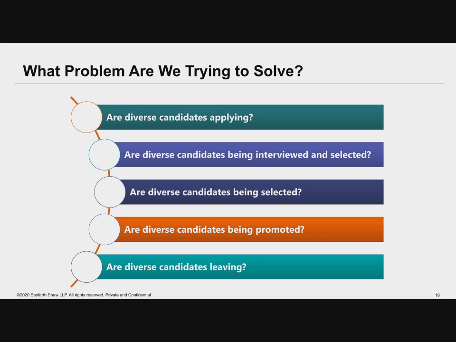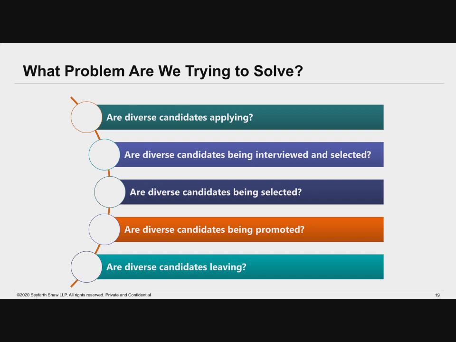If instead you do have candidates that are applying for your jobs, but they're not being interviewed and selected, those are different programs that you may want to implement. You may want to look at things like training managers through the interview process. You may want to look at job descriptions to make sure that they're not inadvertently saying anything that might be a barrier for folks.